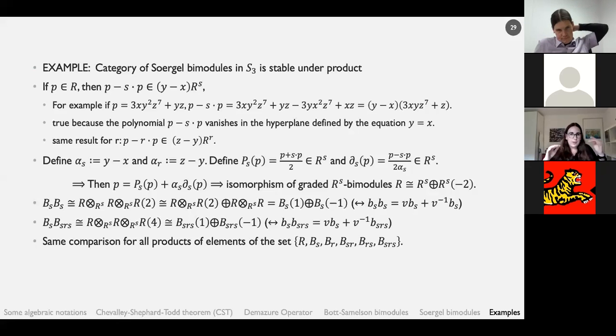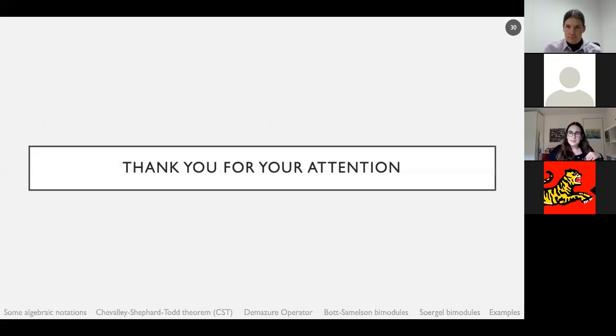Also in the same way when doing the same computation with the isomorphism for all products in this set of indecomposables. So here we can see the connection between Bott-Samelson bimodules, Soergel bimodules, and what we have learned about the Hecke algebra last week. And with this, I want to finish my talk, and thanks a lot for your attention.